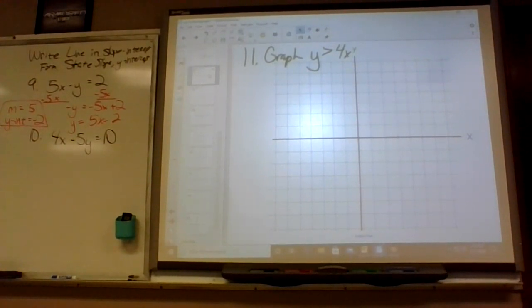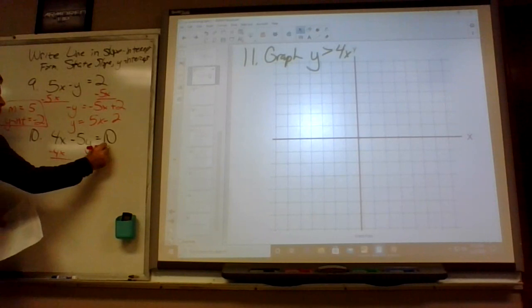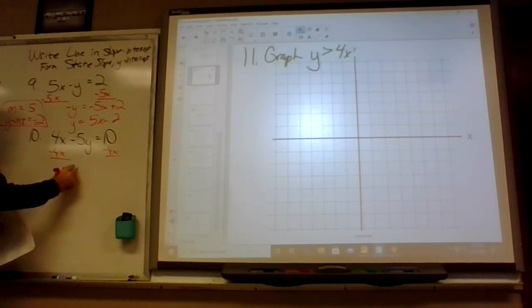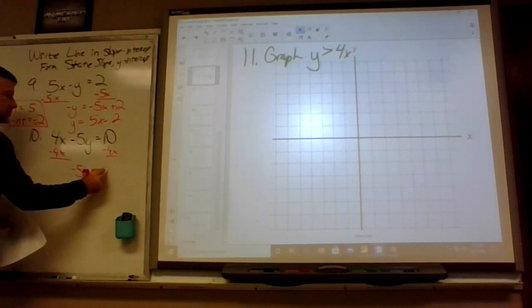Who wants to try number 10 again? On 12, you've got negative 5y equals negative 4x plus 10.